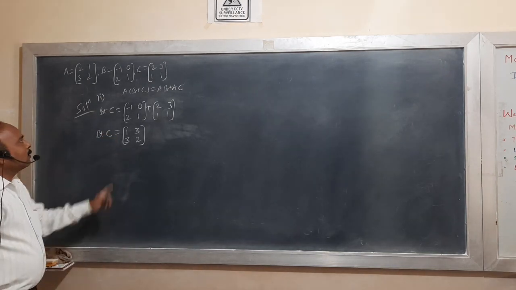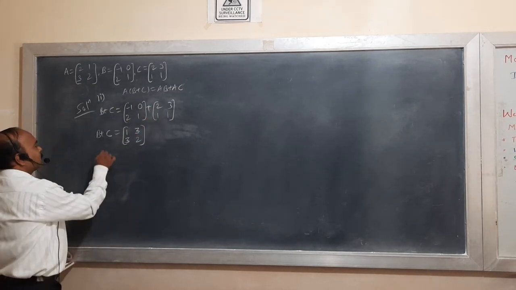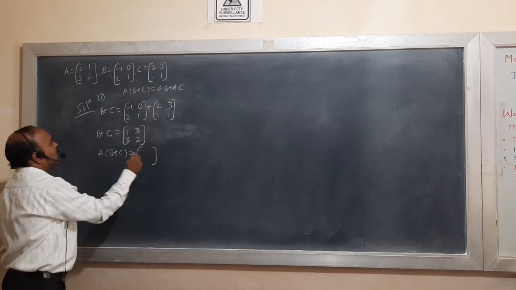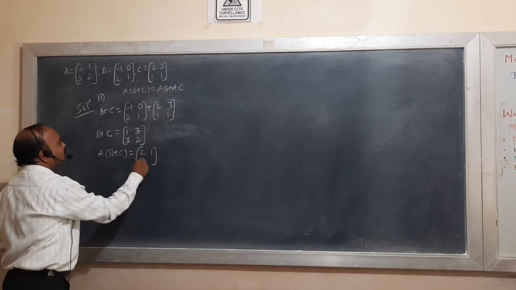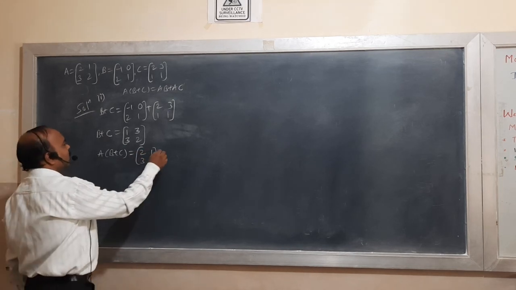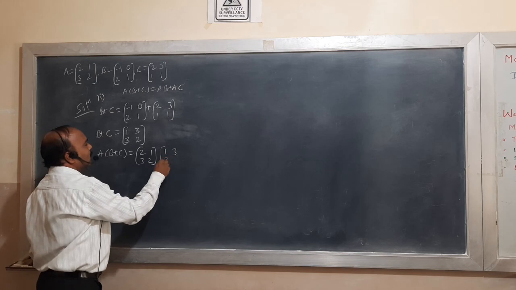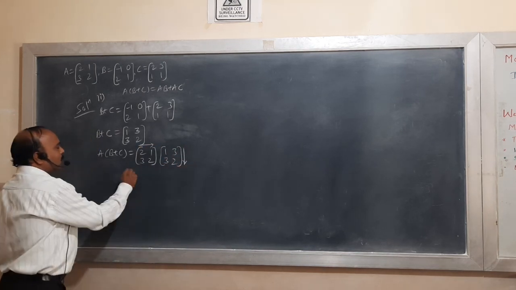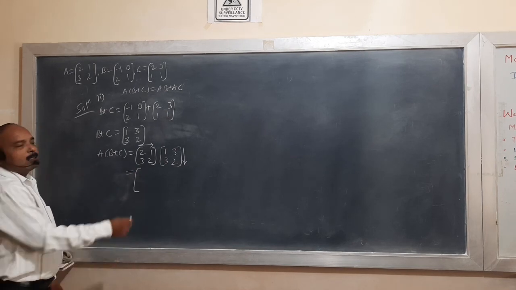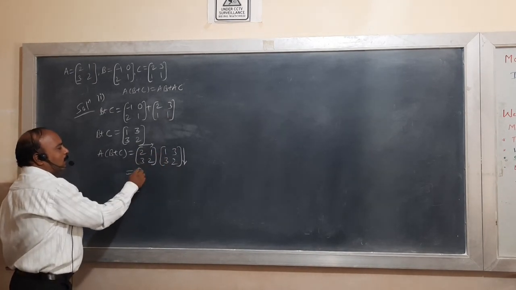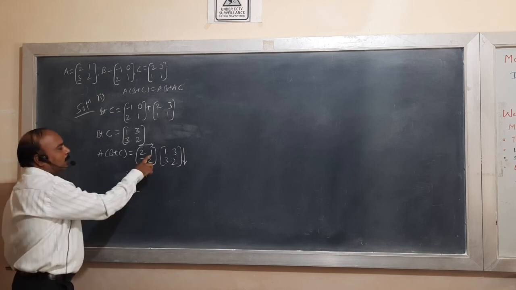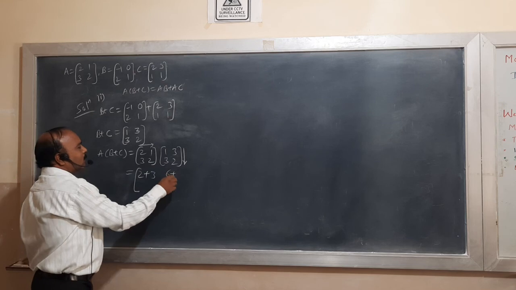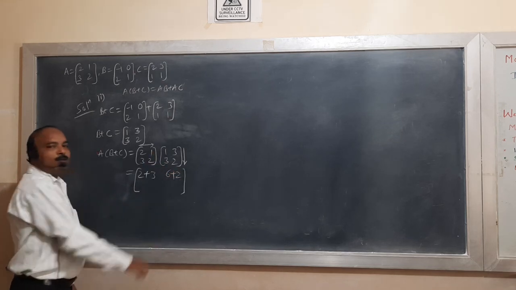After that we calculate A into B plus C. A is 2 1 3 2 into B plus C, which is 1 3 3 2. Again we start multiplication of these two, row with column. First row, first column, 2 into 1 is 2, plus 1 into 3 is 3. Next, 2 into 3 is 6, plus 1 into 2 is 2.